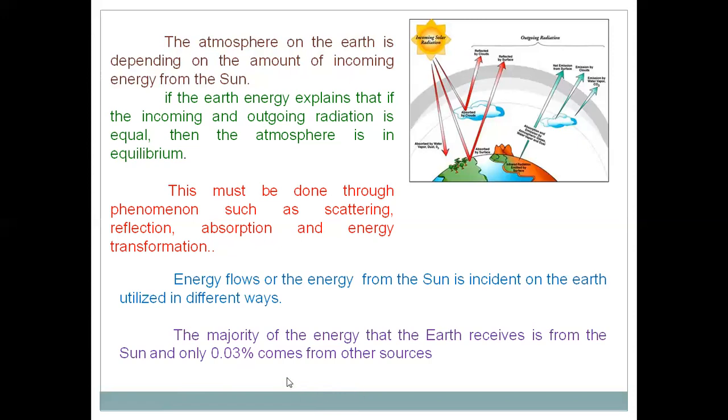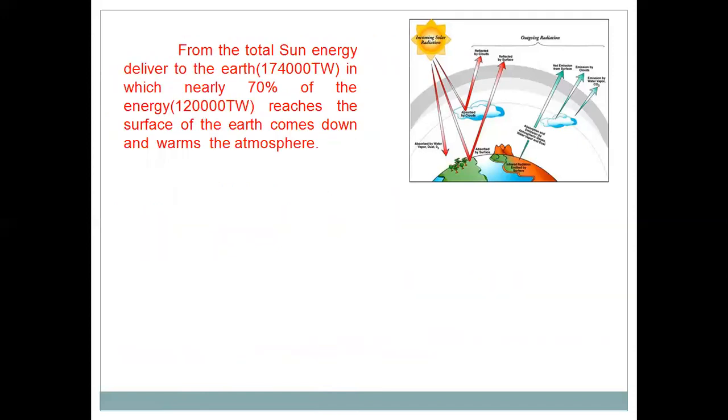Only 0.03% is other than solar energy, that may be geothermal energy, nuclear energy, or ocean energy, etc. Of the total energy delivered to the earth, how much is it? The total sun energy delivered to the earth is 174,000 trillion watts of power.